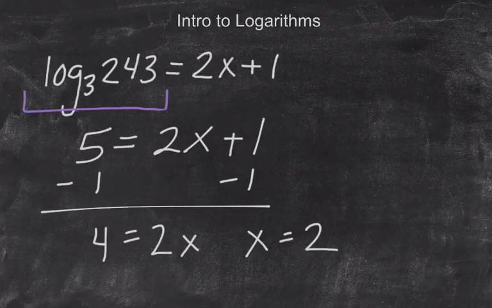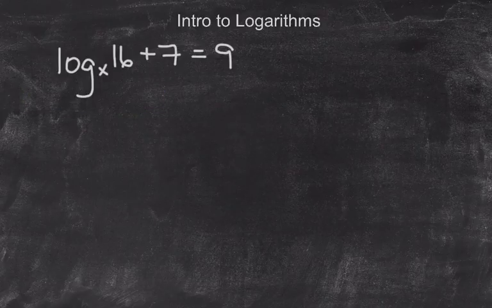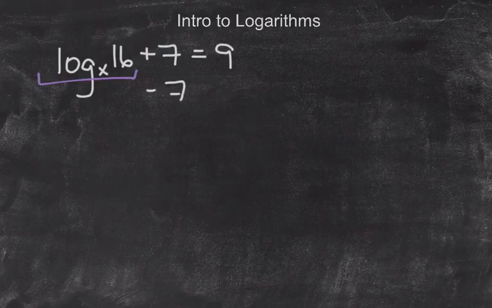Let's look at one more example. We have log base x of 16 plus 7 equals 9. So I want to solve for x here, and I'm just going to start by trying to isolate that log base x term. So I'll subtract 7 from both sides.